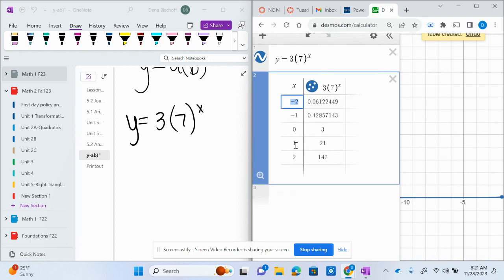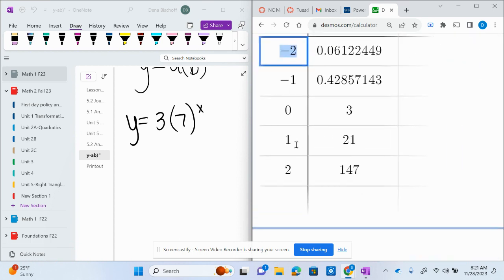So let's see. Our first ordered pair was the ordered pair 1, 21. And that's present. Do you guys see that? Our second ordered pair was the ordered pair 2, 147. And that's also there. Okay. So that's how you do that.